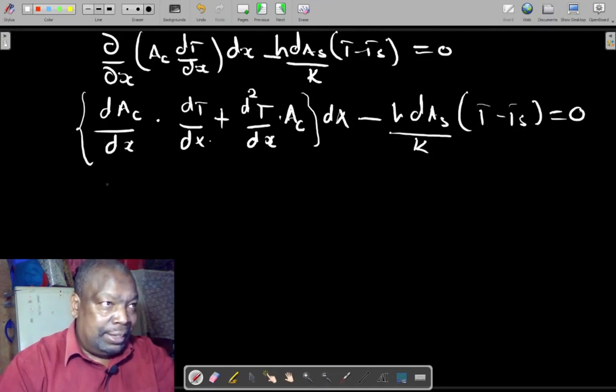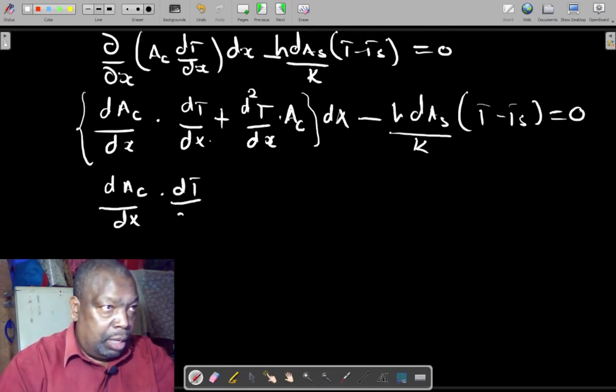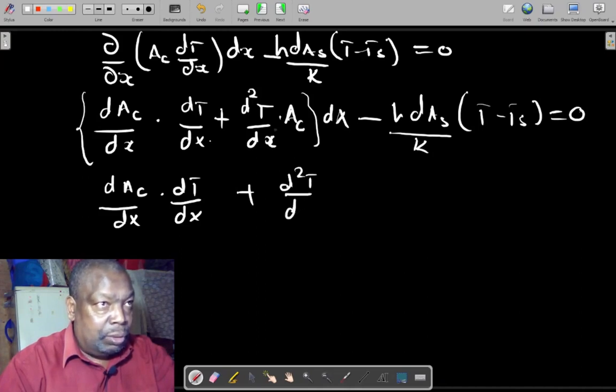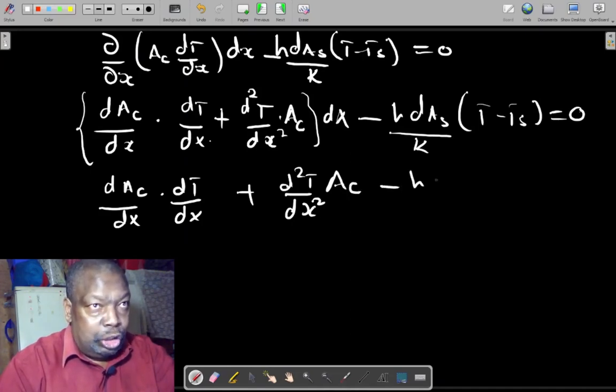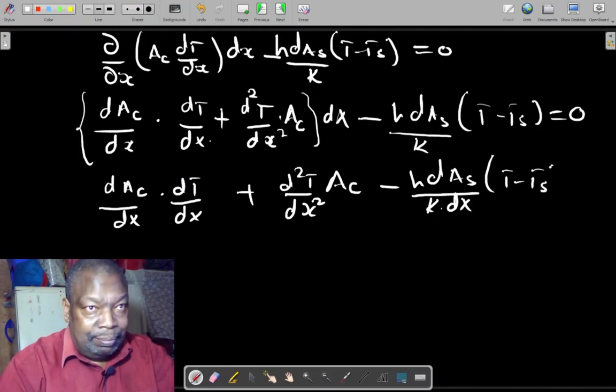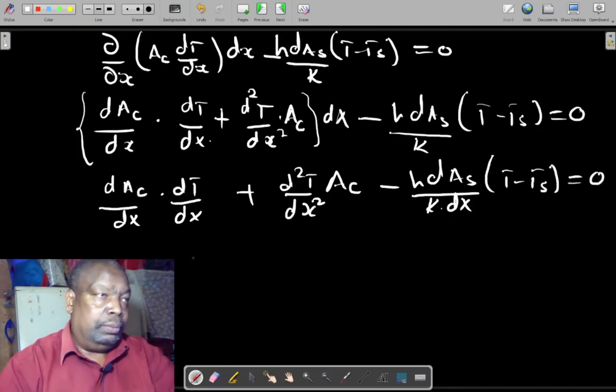Dividing through by dx, I have dAc by dx times dT by dx plus d squared T by dx squared times Ac minus h dAs over k dx (T minus Ts) equal to 0.